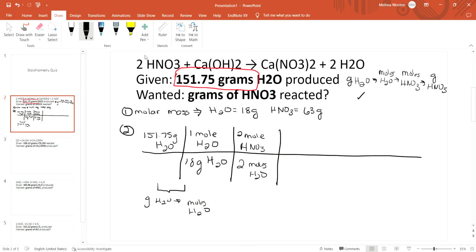Alright, so now we have gone from moles of H2O to moles of HNO3 using the balanced equation.